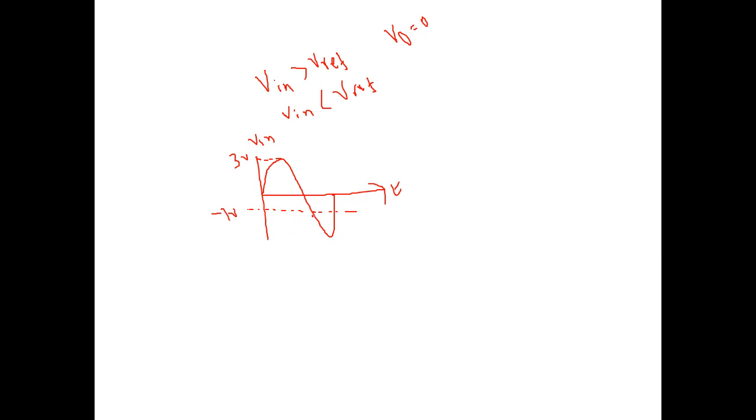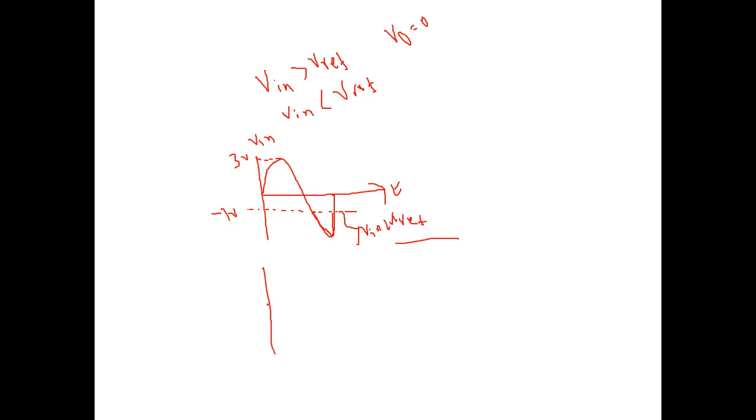So I will be getting output only in this region, because in this region alone Vin is less than Vreference.